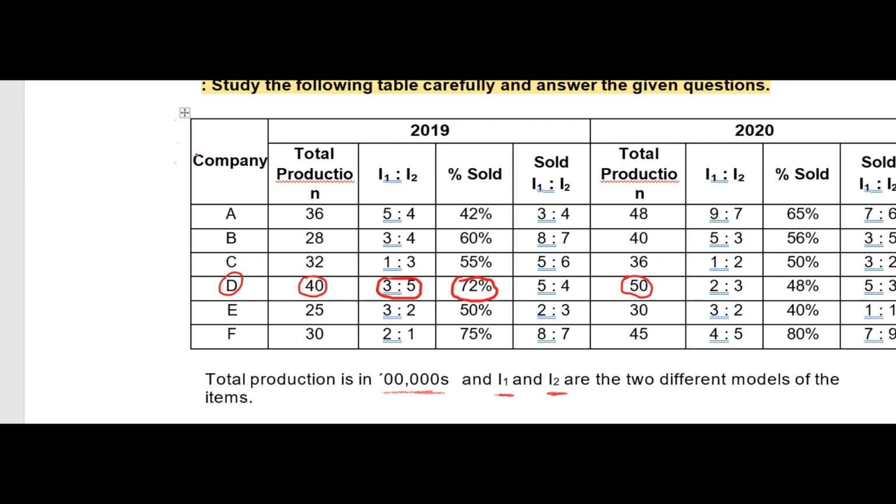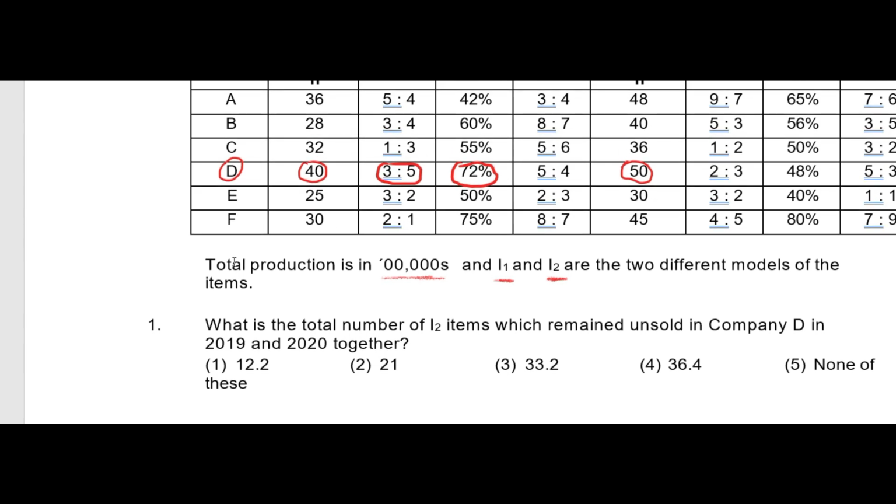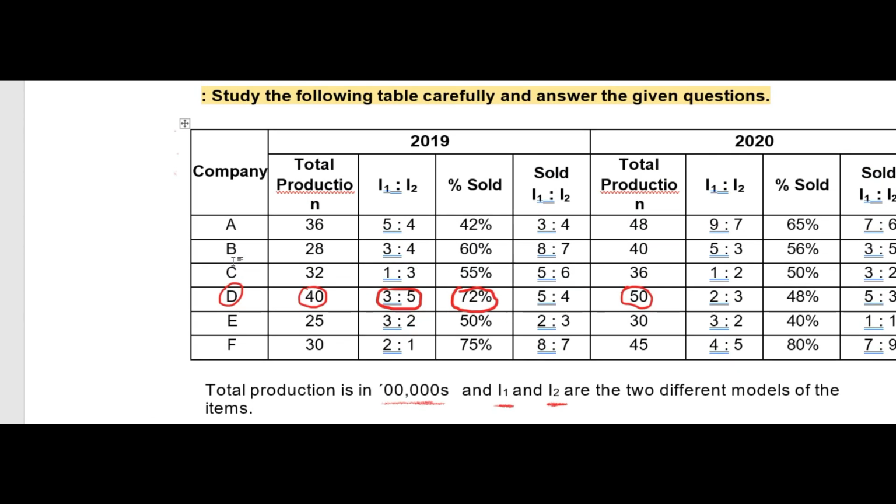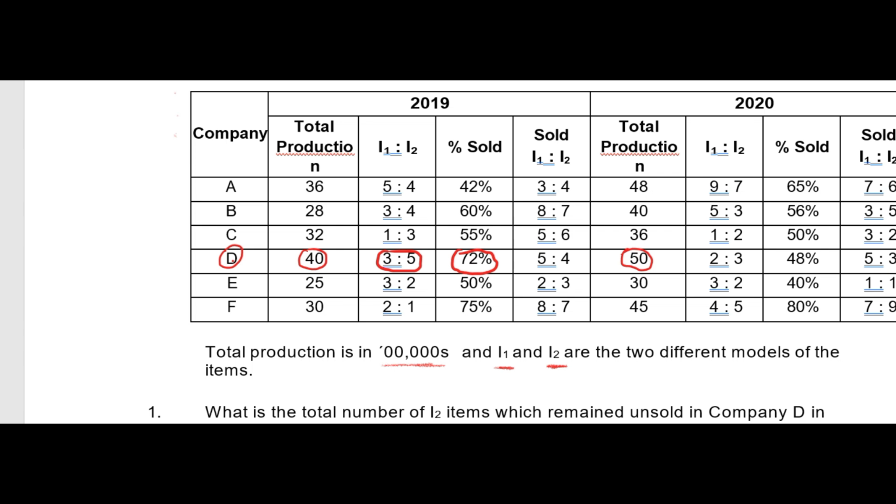We have actually the same table here, a very similar table for 2020. Since the question has to do with the total number of I2 items that remained unsold in company D, 2019 and 2020, let's start with company D.